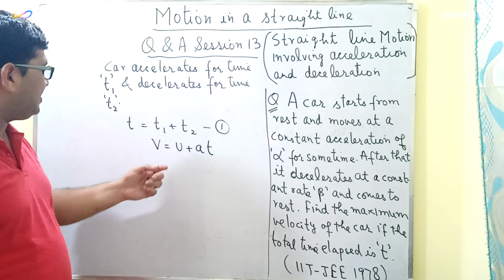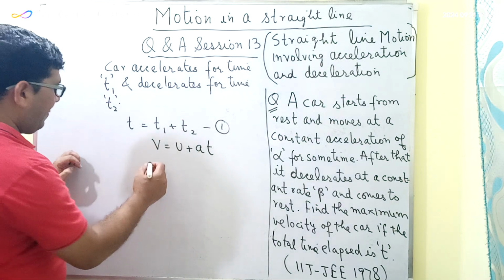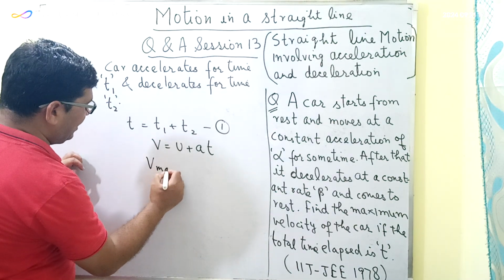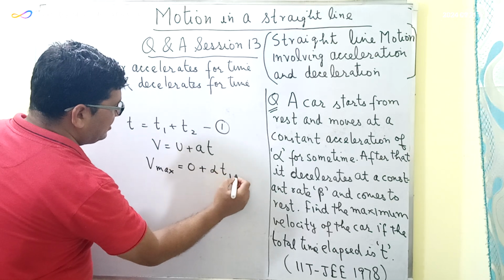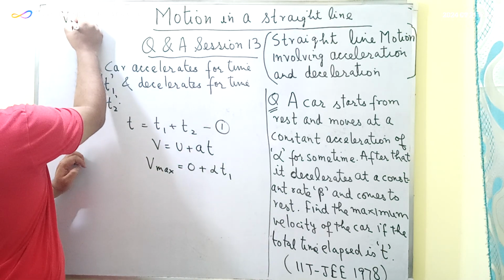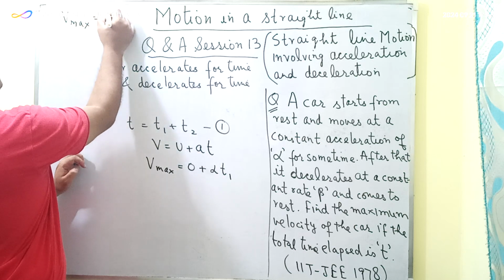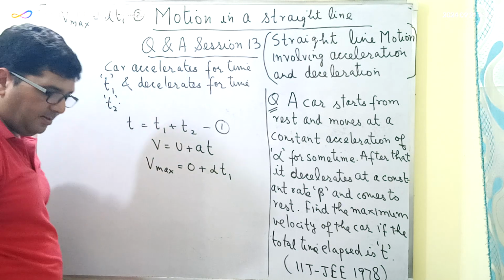The maximum velocity which the car will attain will be at time t1. So the maximum velocity attained by the car will be equal to 0 plus alpha t1. This is equation number 2, that is v maximum is equal to alpha t1.